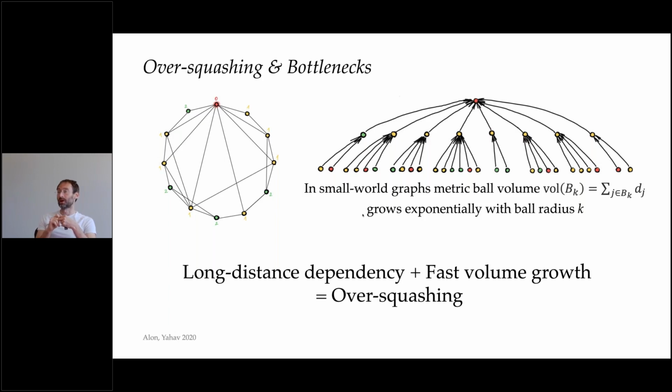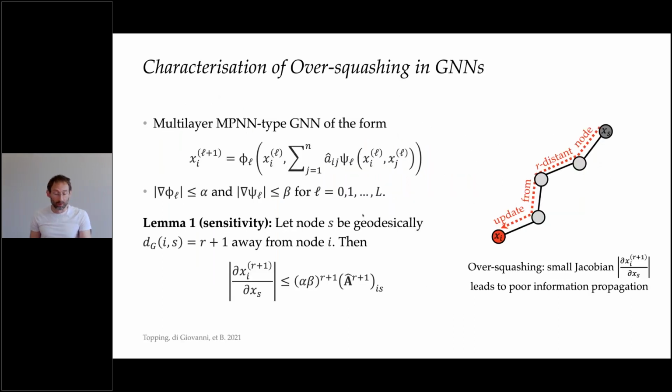And it's not unique to graph neural networks, but graph neural networks are the case where this is probably the most dramatic. Now, the way that you can think of oversquashing in graph neural networks is a kind of sensitivity problem. So if I have a graph neural network with several layers, and I'm looking at the output at some node, let's say node i, I can check how it depends on the input at some distant node s.